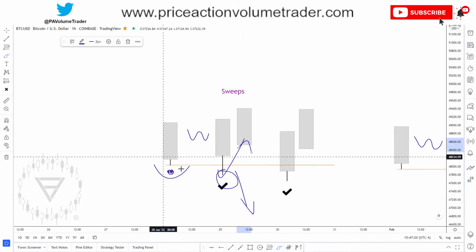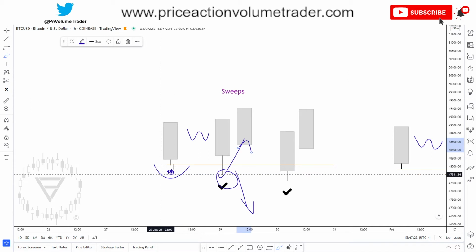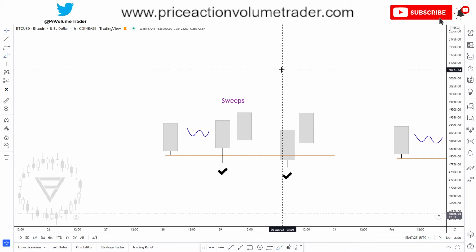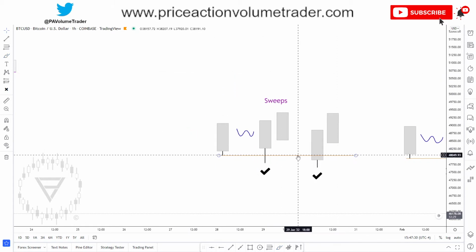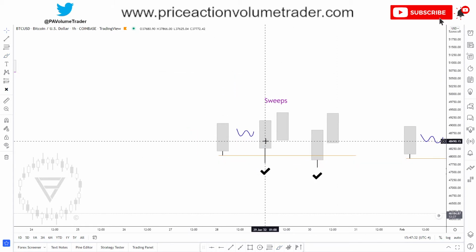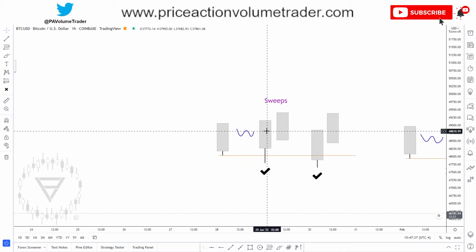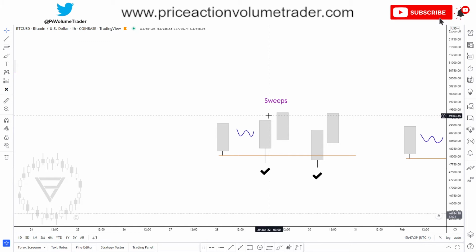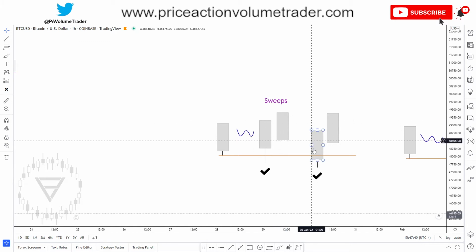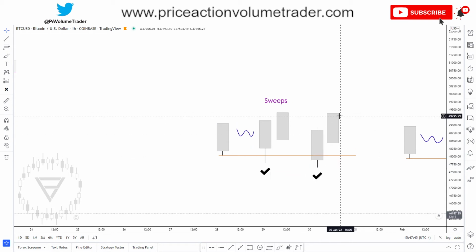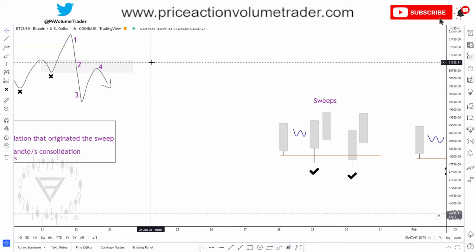And now we have a lot of traders that are trapped here on the wrong side. So for sweeps, both scenarios are valid. Either if we see just a wick through, which is a stronger kind of sweep because there was a quick reaction, or if we just have a break below, but then we immediately reverse back very quickly from it.